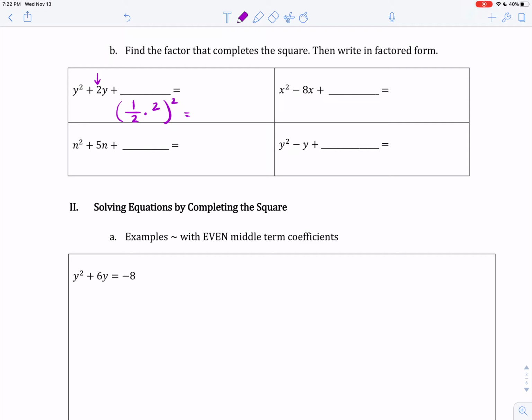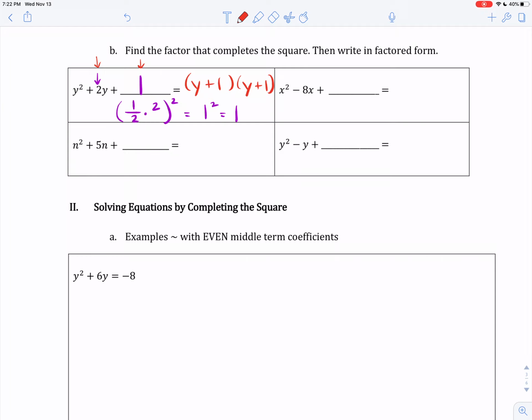So 1/2 of 2 is 1. 1 squared is 1. And so that's what I would need to add to create a perfect square. And notice it does create a perfect square. If I were going to factor this, I would need two numbers that multiply to give me positive 1 and add to give me positive 2. That would be positive 1 and positive 1, or y plus 1 squared. That's what we're trying to do, create that perfect square.